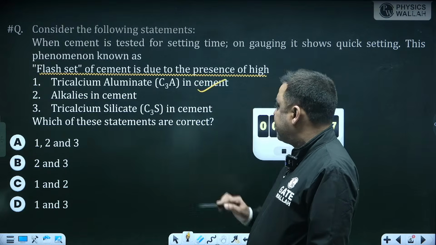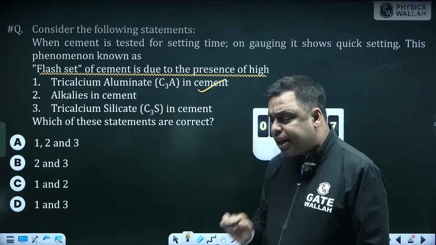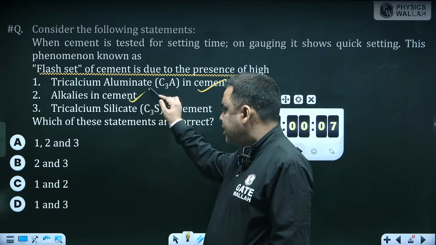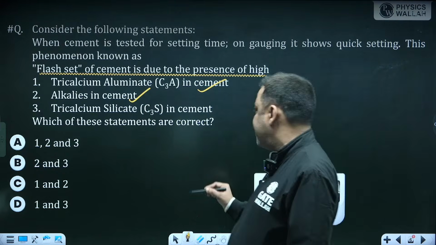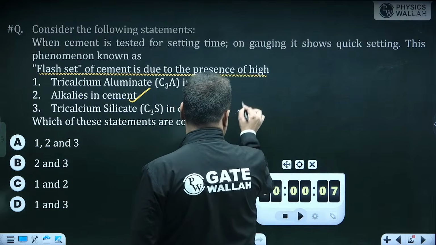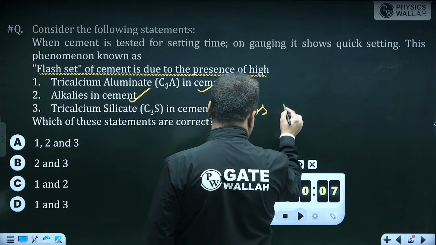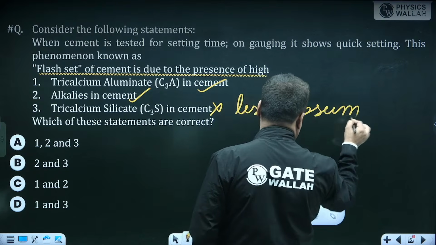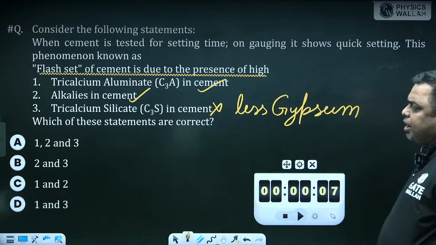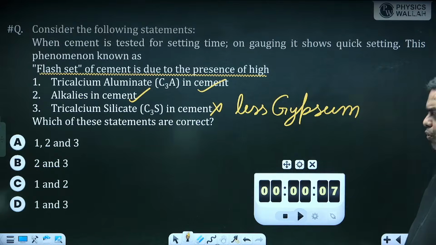This is right. Presence of alkalis. This is right. It's not tricalcium silicate in the cement. Rather, it is less gypsum. These are the only three reasons. So 1 and 2 is correct.